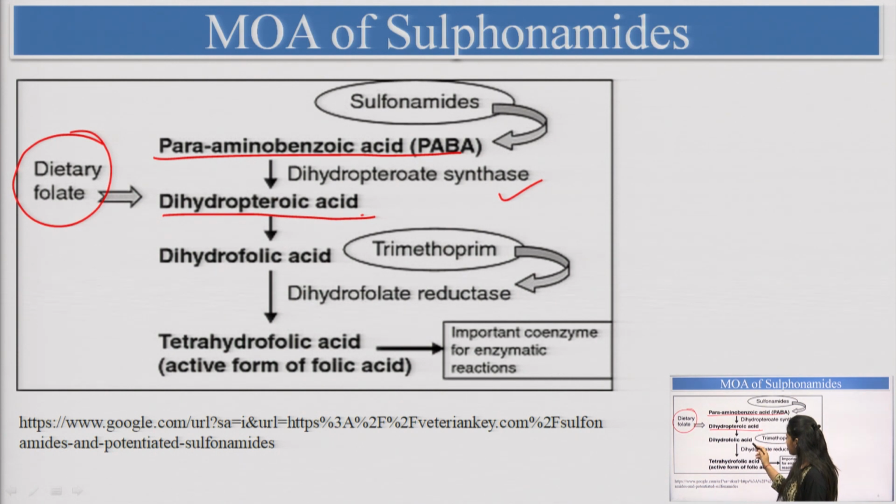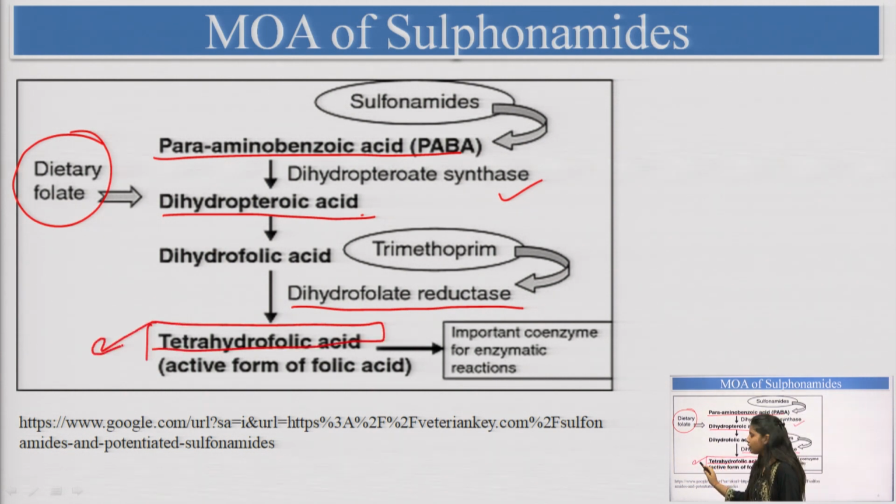Dihydrofolic acid requires an enzyme, dihydrofolate reductase, and then it is converted to tetrahydrofolic acid. This tetrahydrofolic acid is the active form of folic acid. So, whatever functions we see with folic acid are carried out by tetrahydrofolic acid.